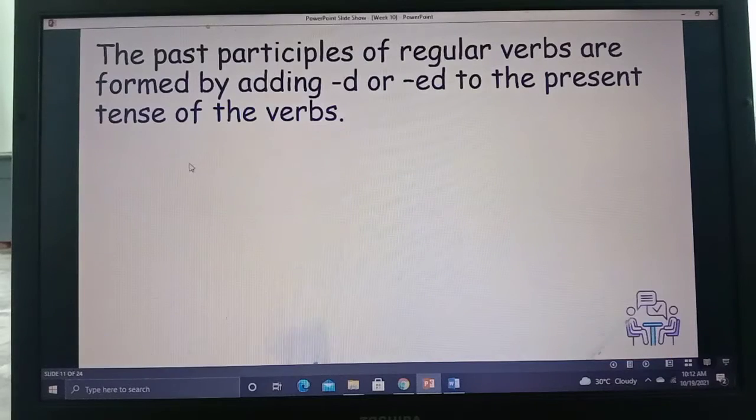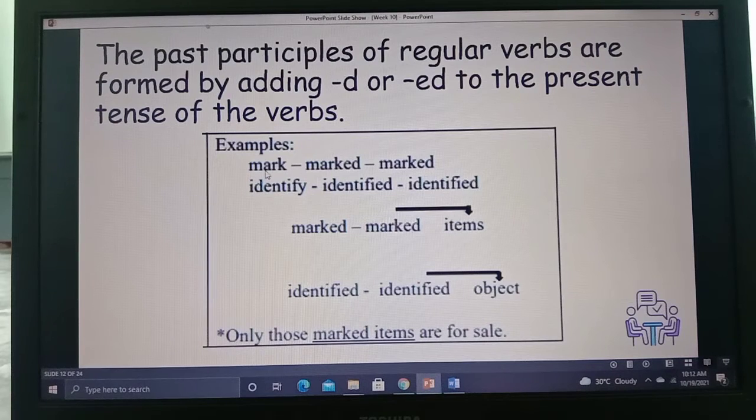So, next one, the past participles of regular verbs are formed by adding d or ed to the present tense of the verb. So, ito yung nag-a-add tayo ng d or ed sa mga verb. For example, itong mark, magiging marked, may ed. Then identify, identified.